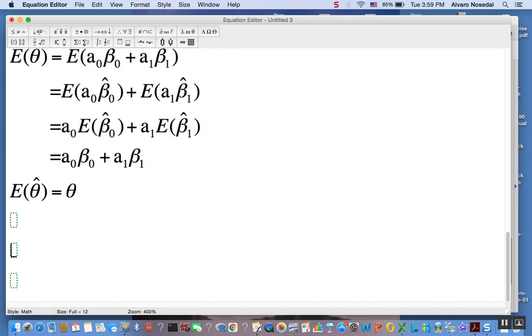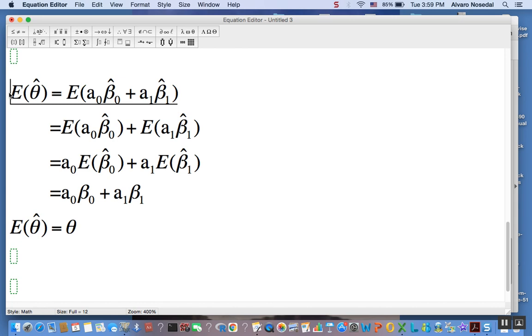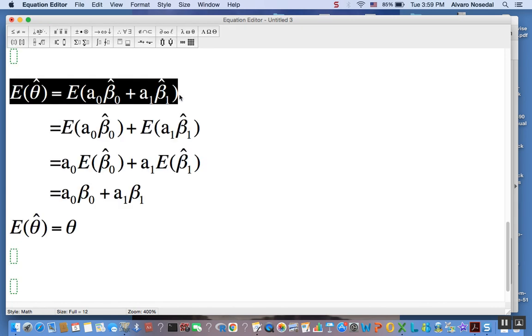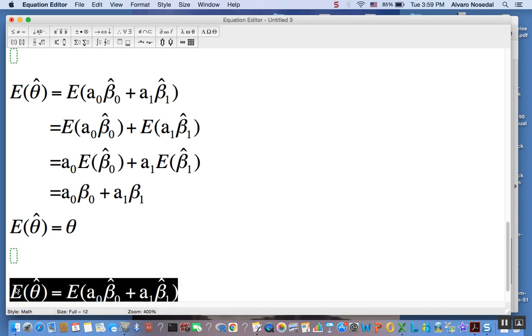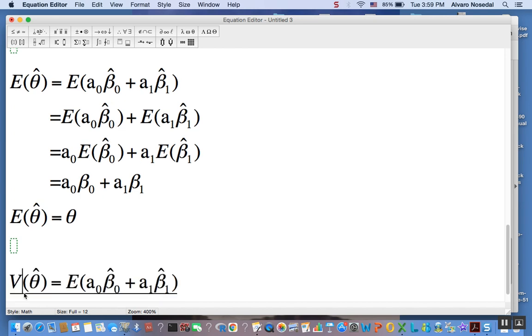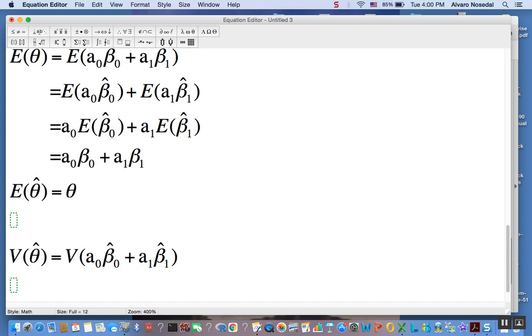Now, let's find the variance of theta hat. Let me be lazy here. I will borrow that expression from what we just did for the expected value. So the variance is going to be the variance of a sum. In general, we know that the variance of a sum is the sum of variances plus we have to take into account the covariances as well.